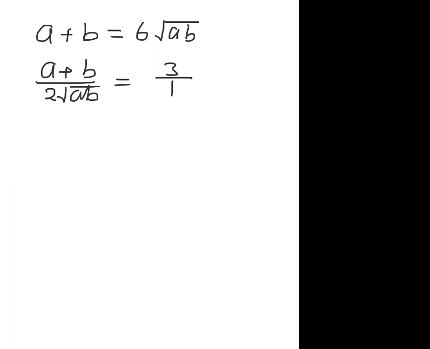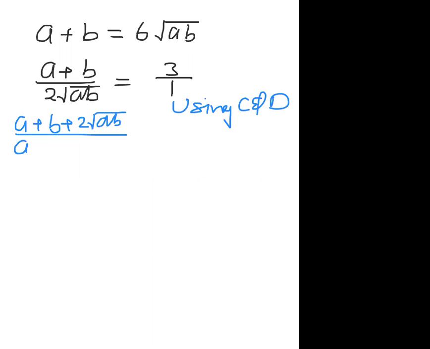Now I am applying componendo and dividendo, using C and D. So this will be A plus B plus 2 root AB upon A plus B minus 2 root AB is equal to 3 plus 1 upon 3 minus 1.